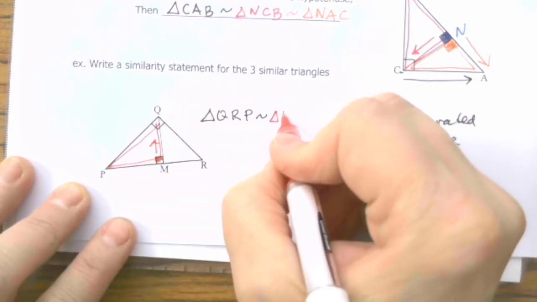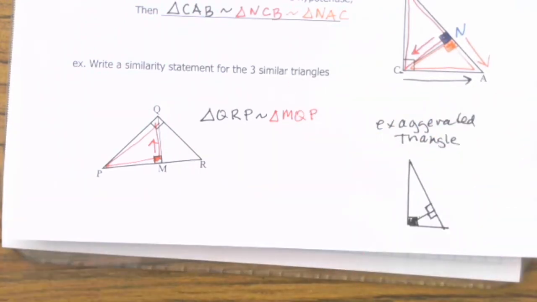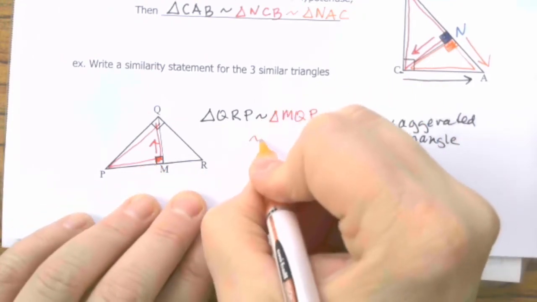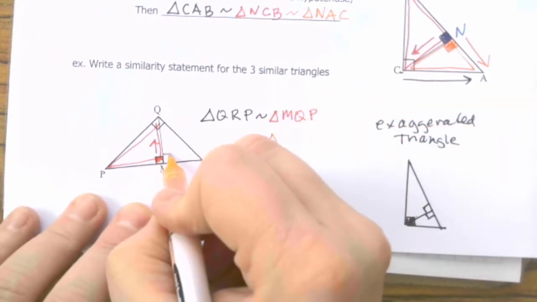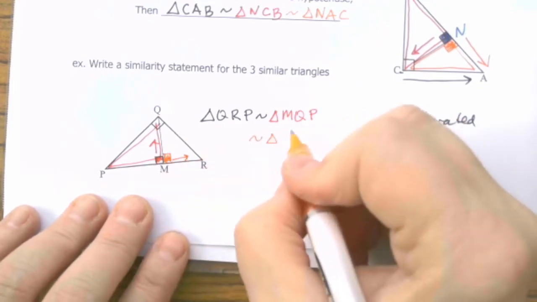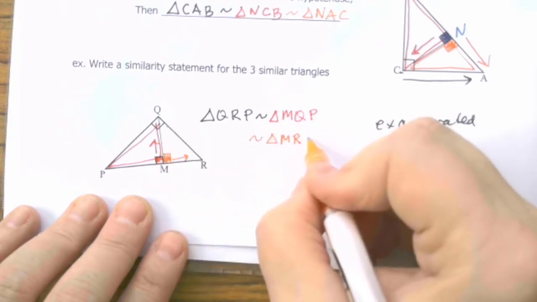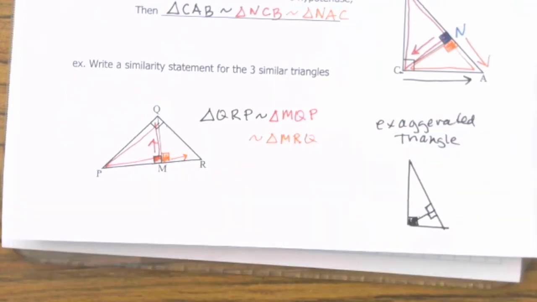So triangle MQ, and then across the hypotenuse to P. And then now the third one, similar to the small one here. So there's my 90, and there's my short side. So M across the short side to R across the hypotenuse to Q. That's your similarity statement.